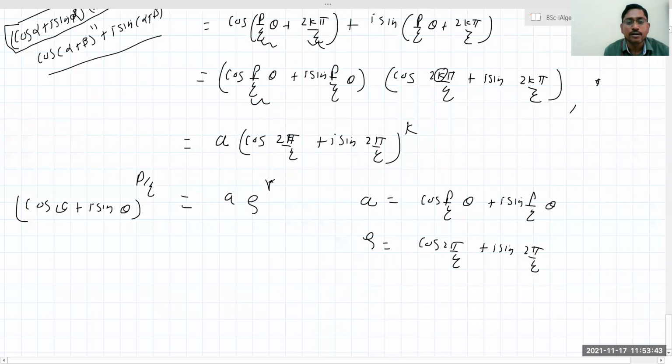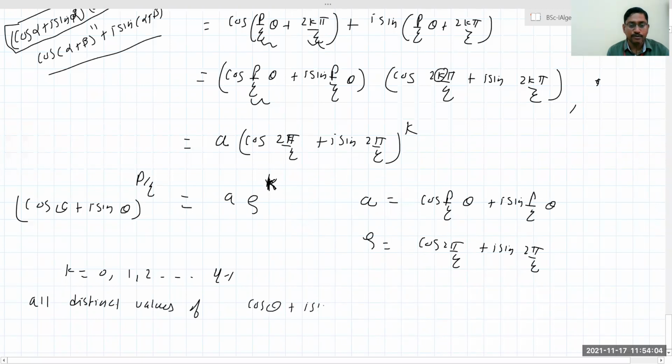This is not r, it is k actually. I have taken power as k. So put k equal to 0, 1, 2, up to q minus 1. So all the distinct values of cos theta plus i sin theta raised to p upon q are: when I take k equal to 0, it is just a.